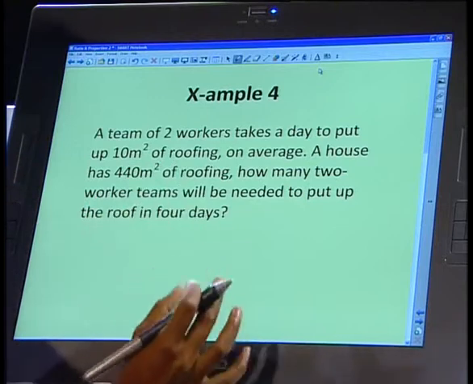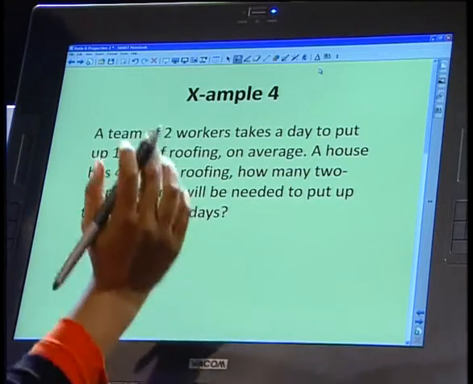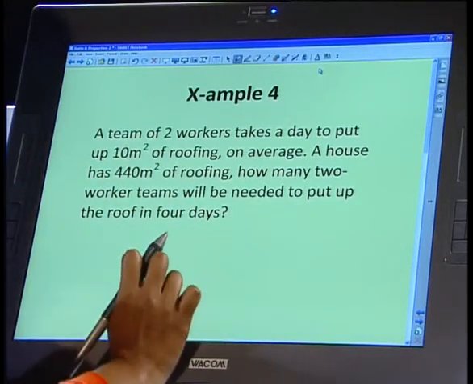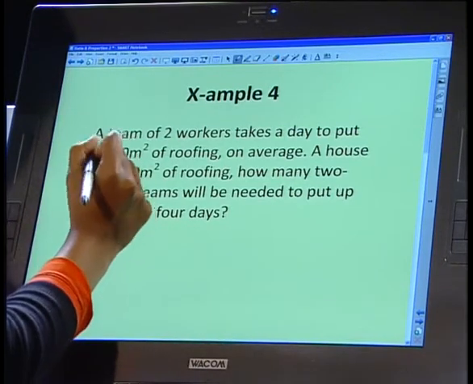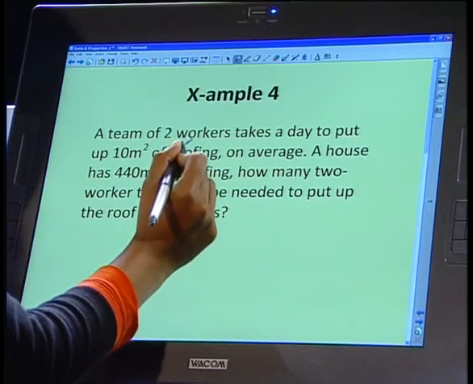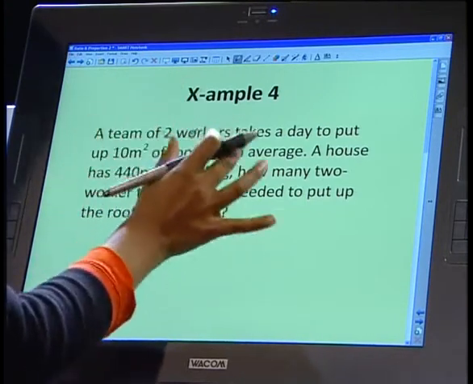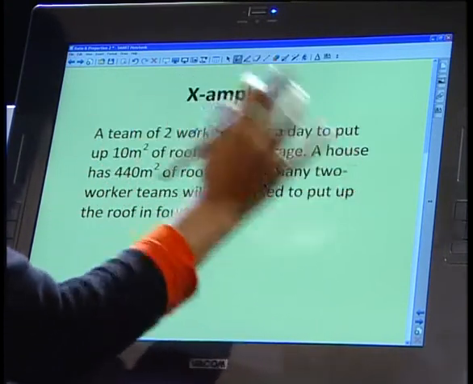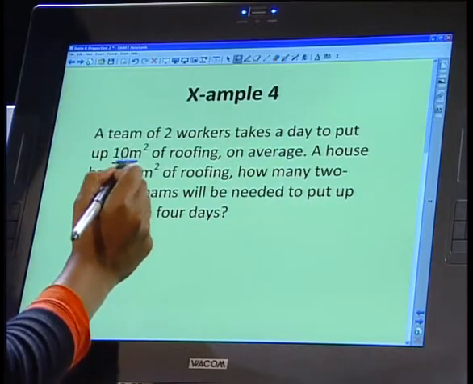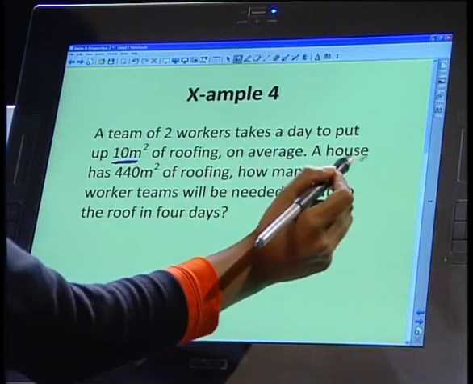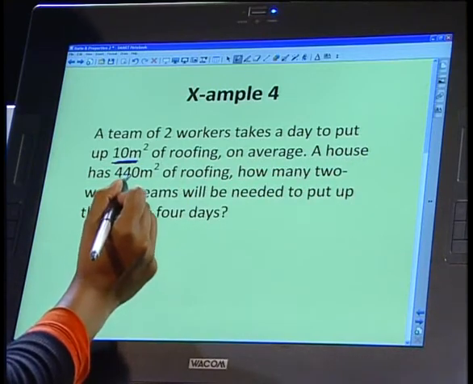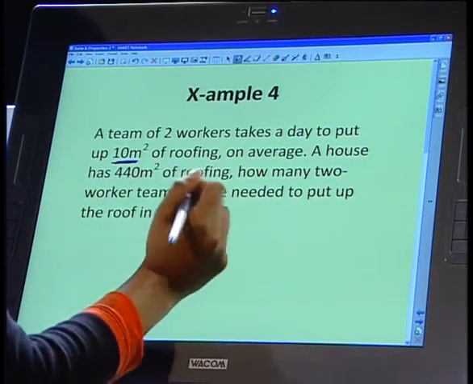Guys, now this example on inverse proportion is a little bit trickier than the other ones that we have dealt with. So let's go through it carefully. They tell us that a team of 2 workers, so this team has 2 workers in it, take a day to put up 10 squared meters of roofing on average, and a house has 440 squared meters of roofing.